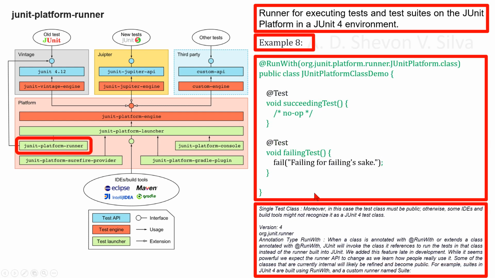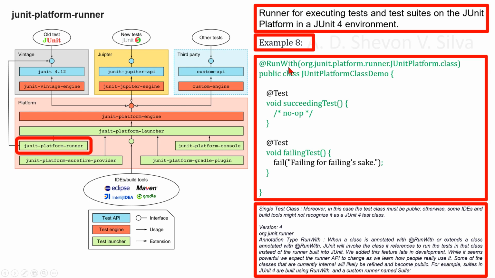Now we are considering single test class. Moreover, with this case, the test class must be public. Otherwise, some IDEs and build tools might not recognize it as a JUnit 4 test class. The annotation type RunWith, org.junit.runner, in version 4.